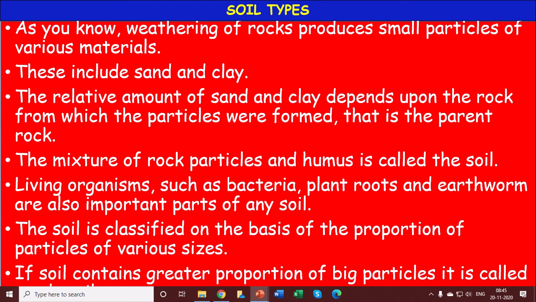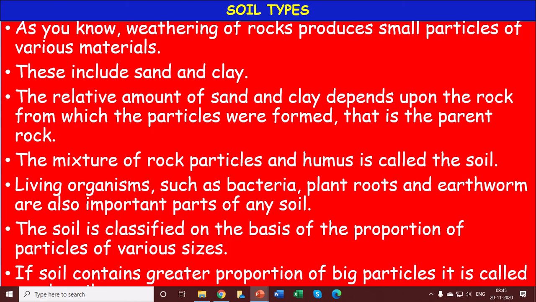If the soil contains a greater portion of big particles, it is called sandy soil.